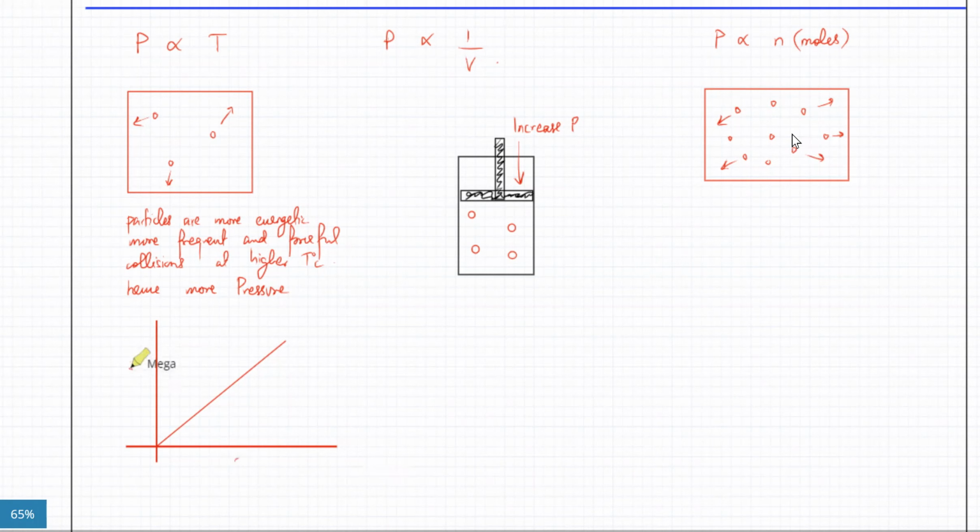Okay, now let's do these graphs. We've got this, the graph of pressure versus temperature. Okay, that's one of the graphs. Then you have the next one, which is pressure is inversely proportional to volume. So remember, what is the graph when you have an inverse relationship?